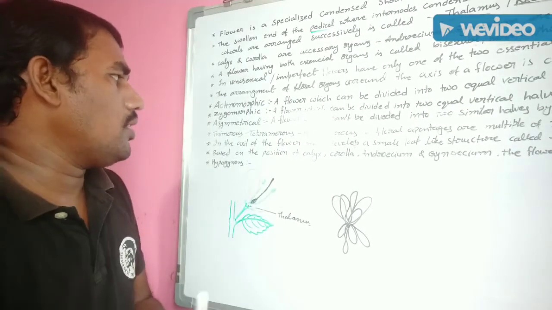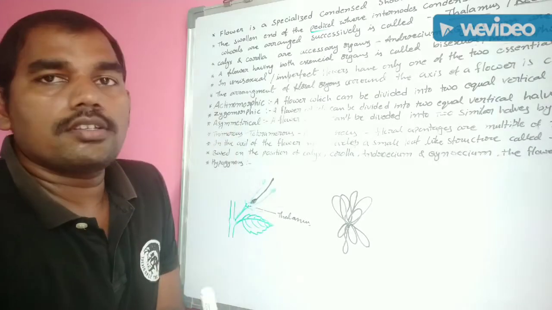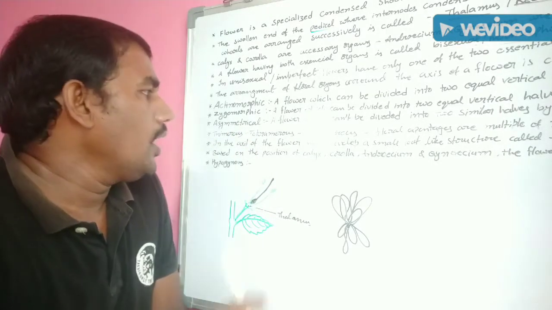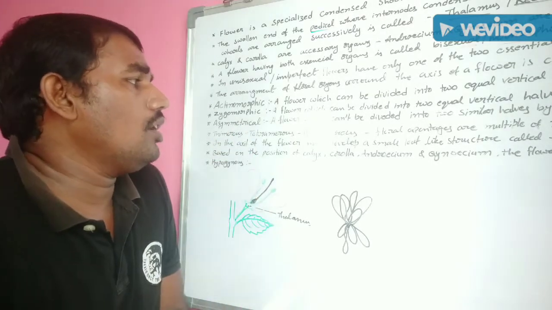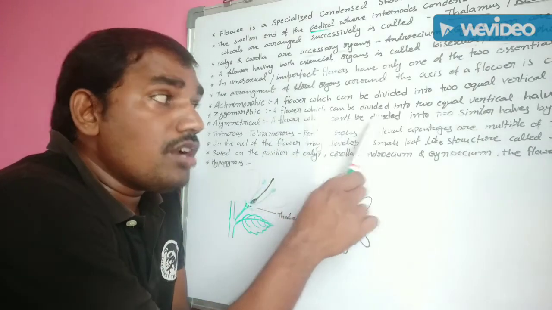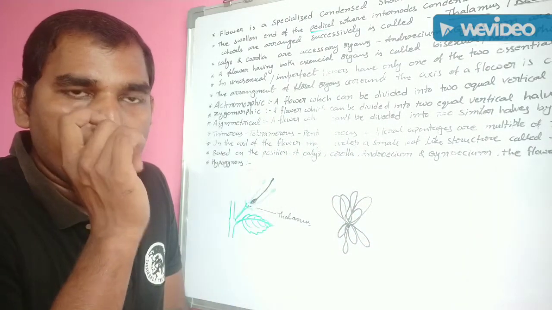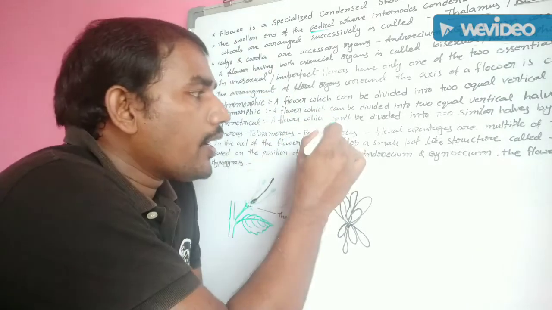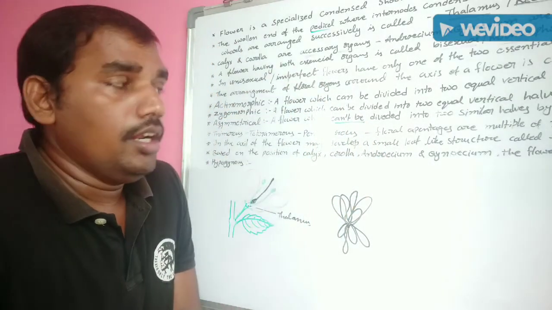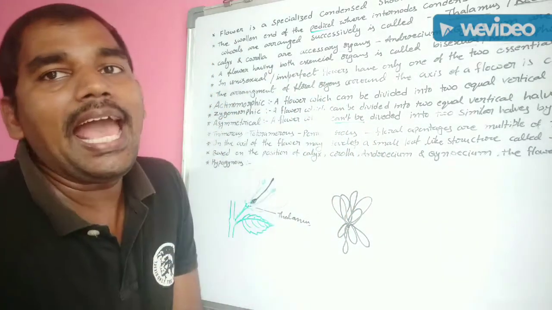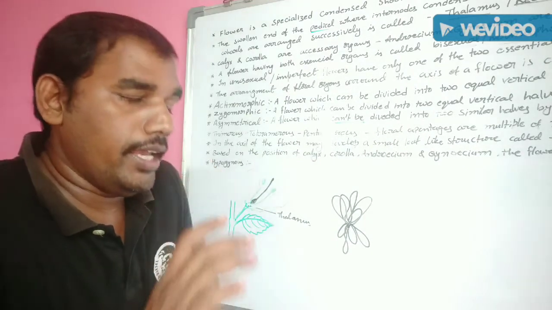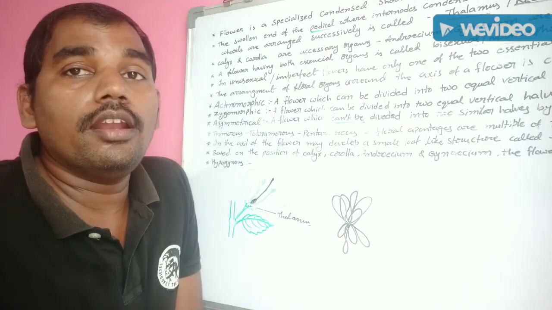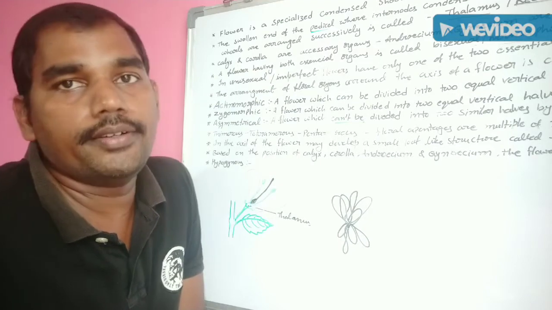Asymmetrical flowers: a flower which cannot be divided. Remember this one: cannot be divided into two similar halves by any vertical plane through the center.